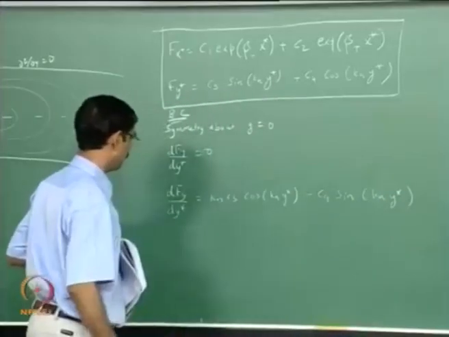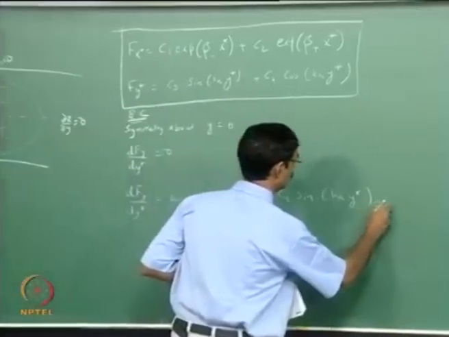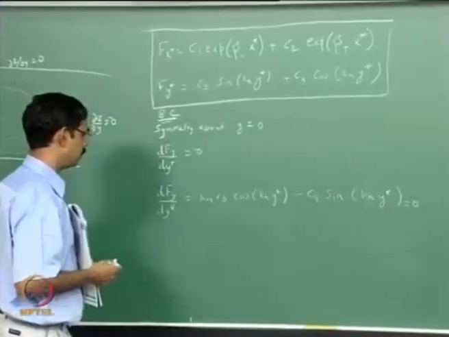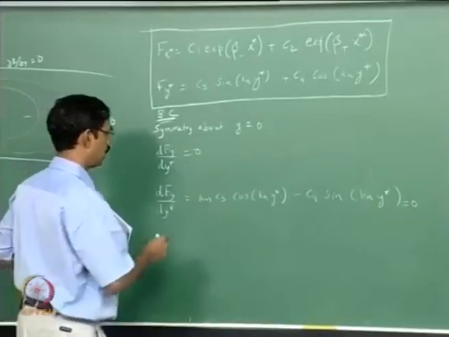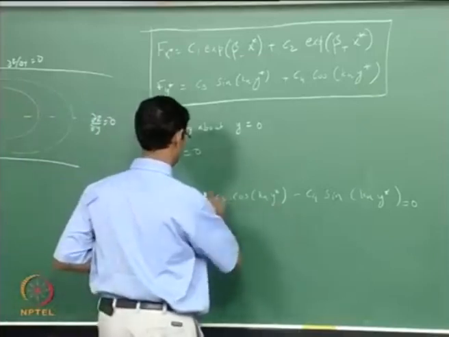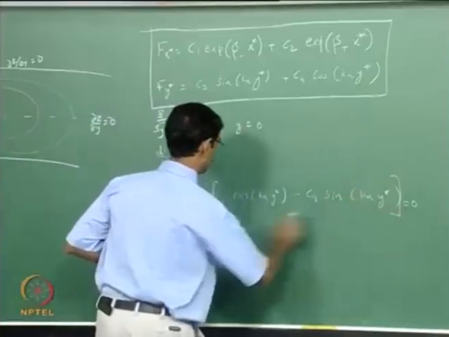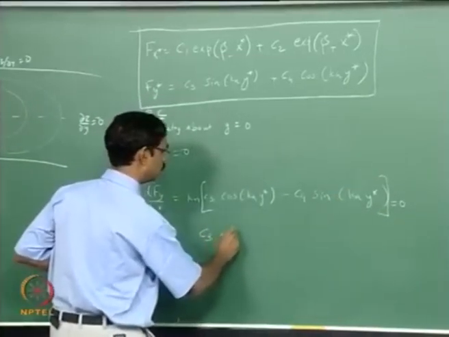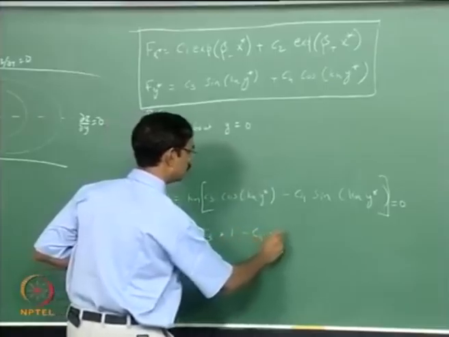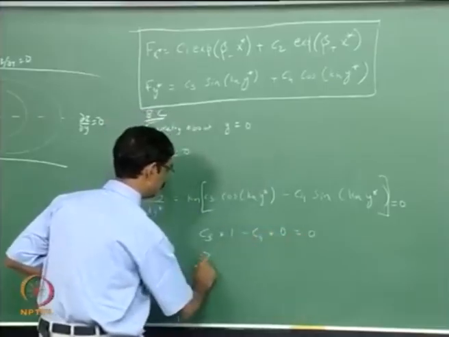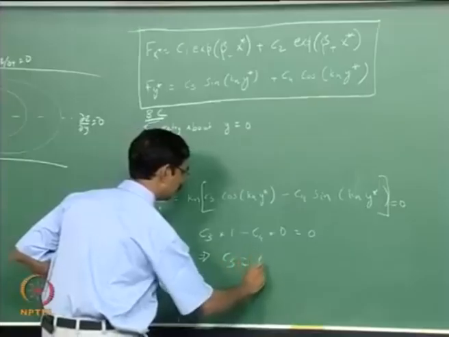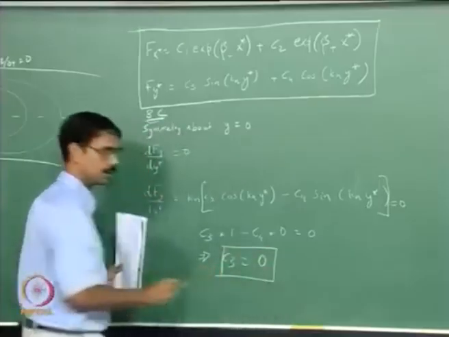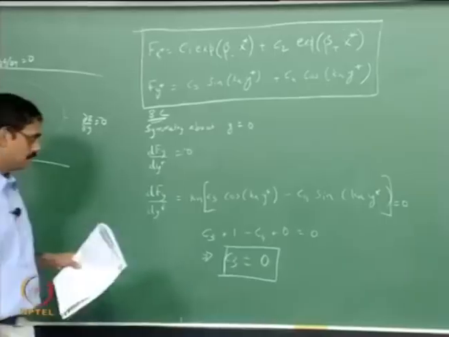So, if you put y equal to 0, this should be equal to 0. cos 0 will be 1, right. So, C3 into 1 minus C4 into 0 equal to 0, which will give C3 equal to 0, fantastic. So, that has simplified our solution quite a lot.